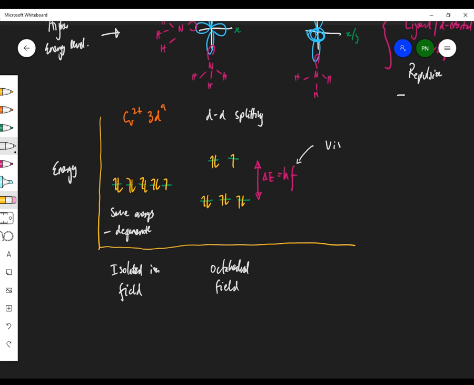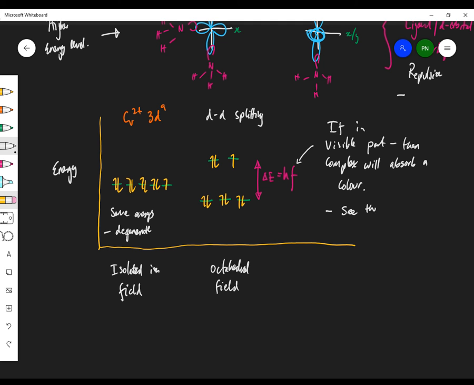If it's in the visible part of the spectrum, and they're not all, but if it is, then the complex will absorb a color. I don't know what color it's going to absorb, but it will absorb a color, and therefore it will take a color from white light, and what we see is what's not absorbed.